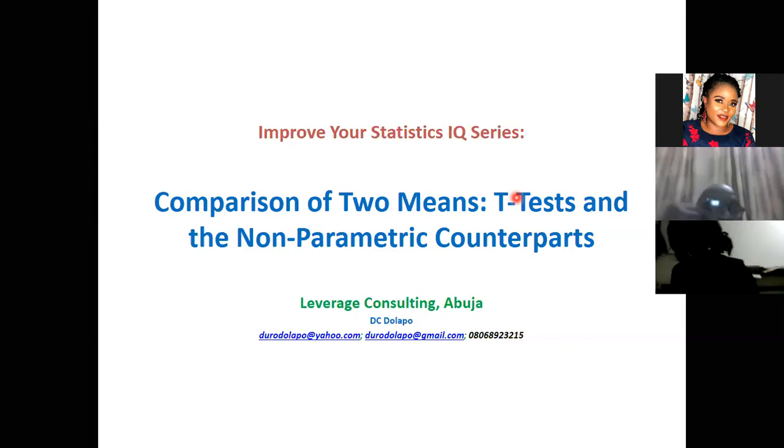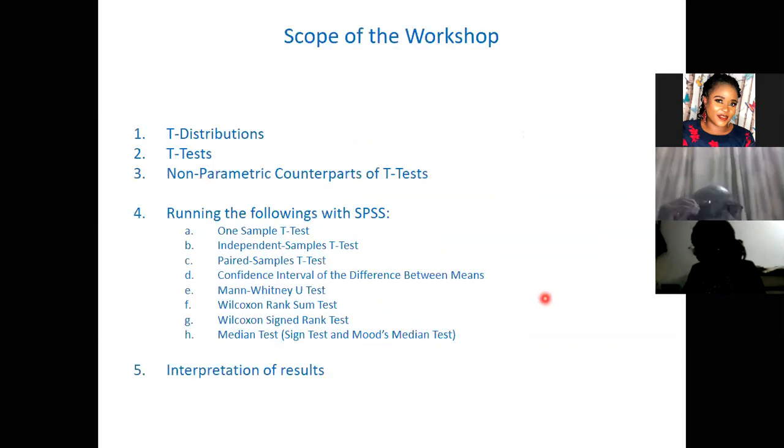Now, this is the scope of what we'll be looking at, and at the end of the 3 days, we'll see if we are able to achieve all this. We want to understand the concept of t-distribution, the way we understood the concept of chi-square distribution the other time. We actually looked at the origin of chi-square.